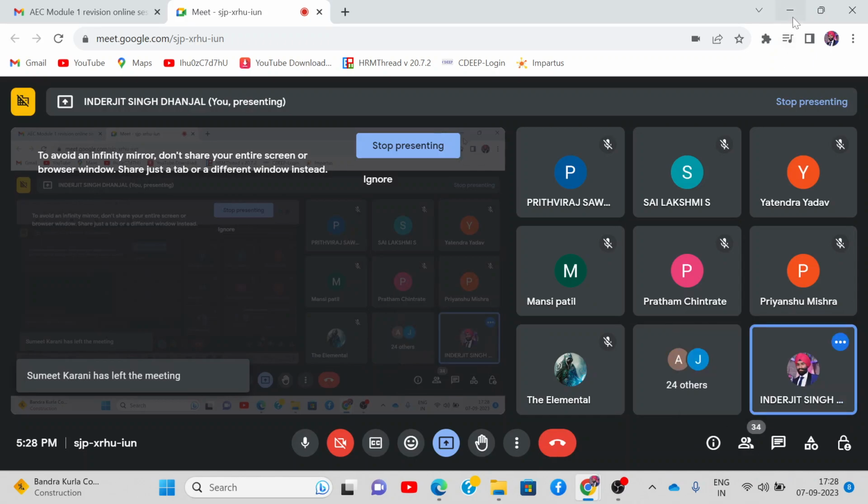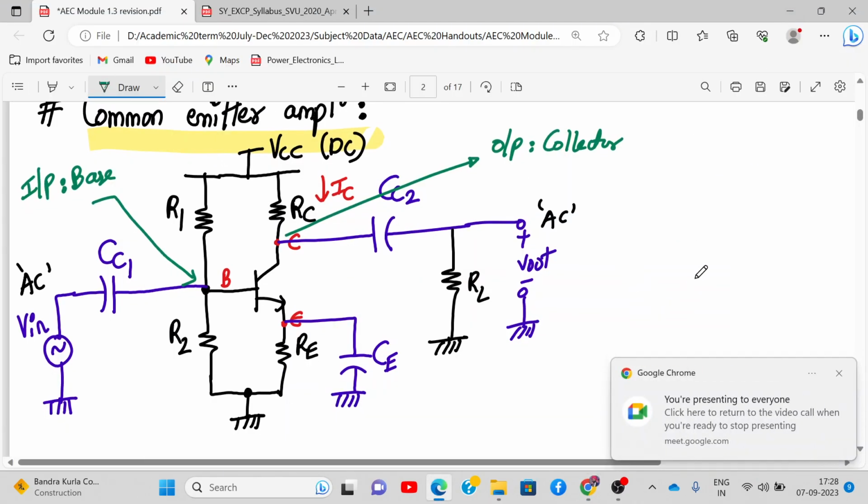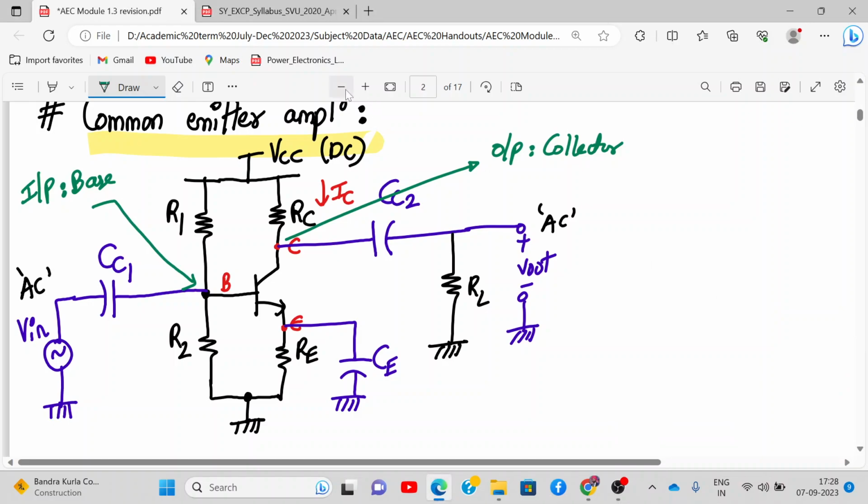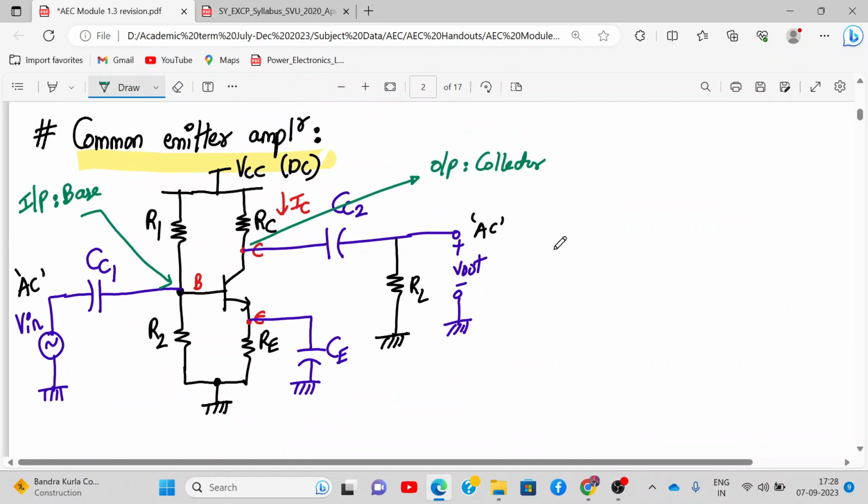So have you all drawn it? Any doubt in this, the circuit diagram of the common emitter amplifier? No, sir. Alright. Now, in this amplifier, we can break it down into sections.